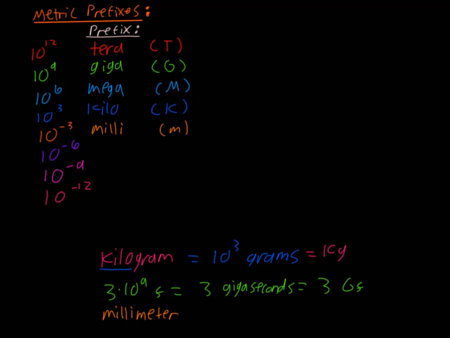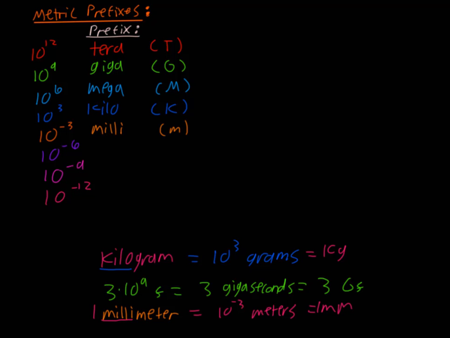If you look at this word, milli, it's actually 10 to the negative third meters. If we were to write it out, it would be m for the milli, and then m for meters. That's what we mean by 1 millimeter.